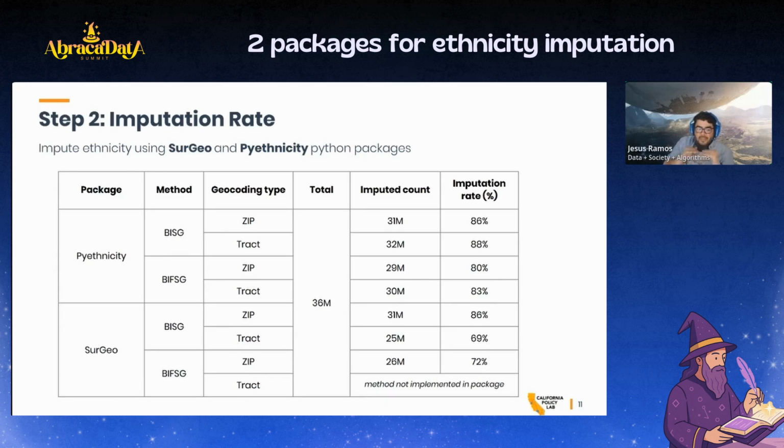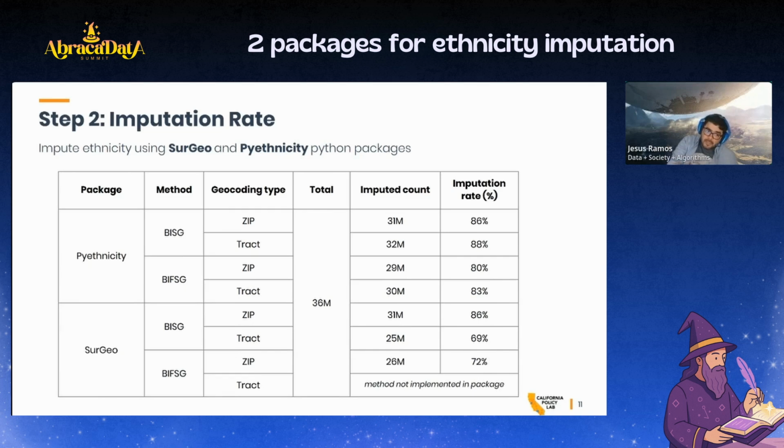Now, what we see here is that the ethnicity package, using the BISG algorithm and using census tract as a geography, gives us an 88% imputation rate, and the imputation rate is basically how many non-null we managed to have. Meaning the model, how many records out of the 36 million ended up having a non-null imputation, right?